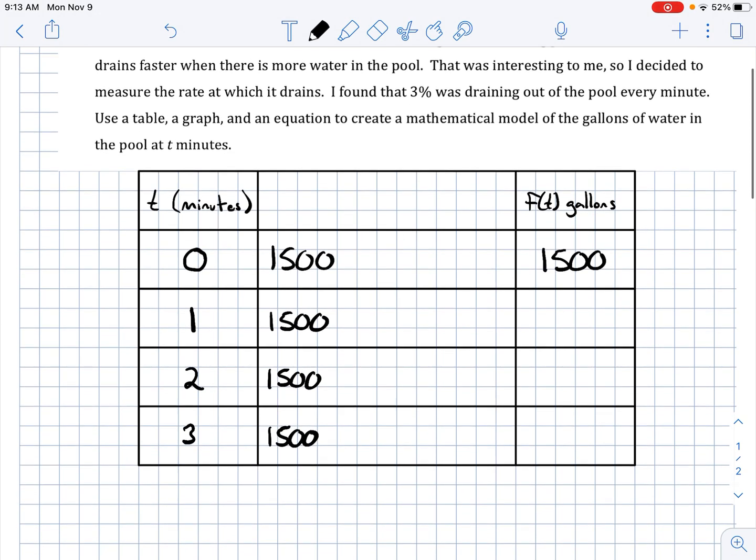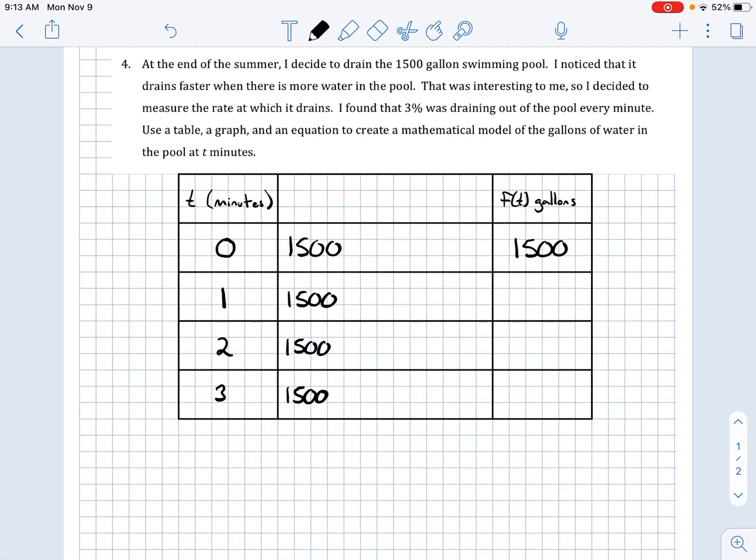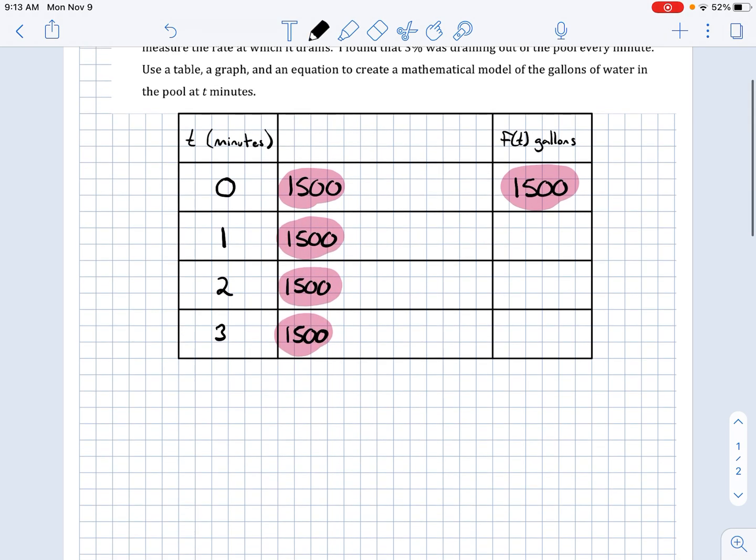And because 3% is draining out of the pool, what we actually want to know is how much is left in the pool. So if 3% is gone, what is left is 97%. So we're starting with 100%.